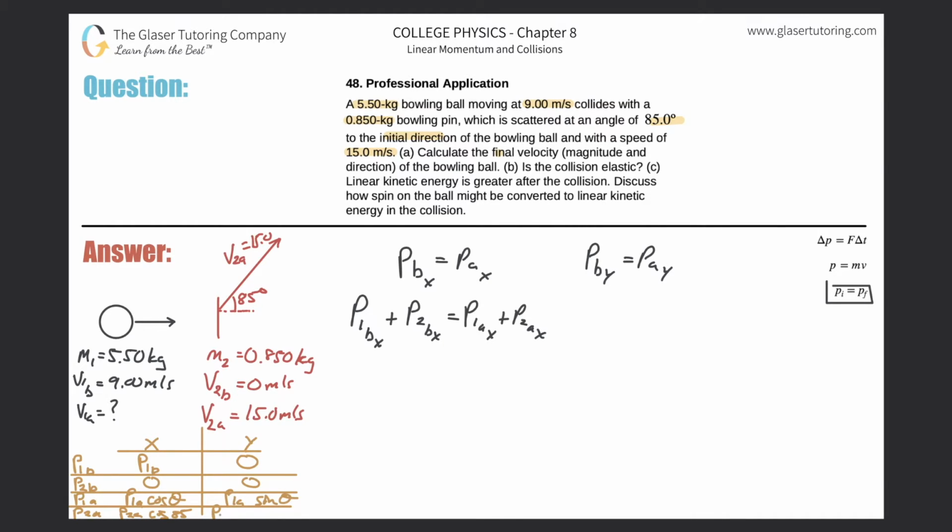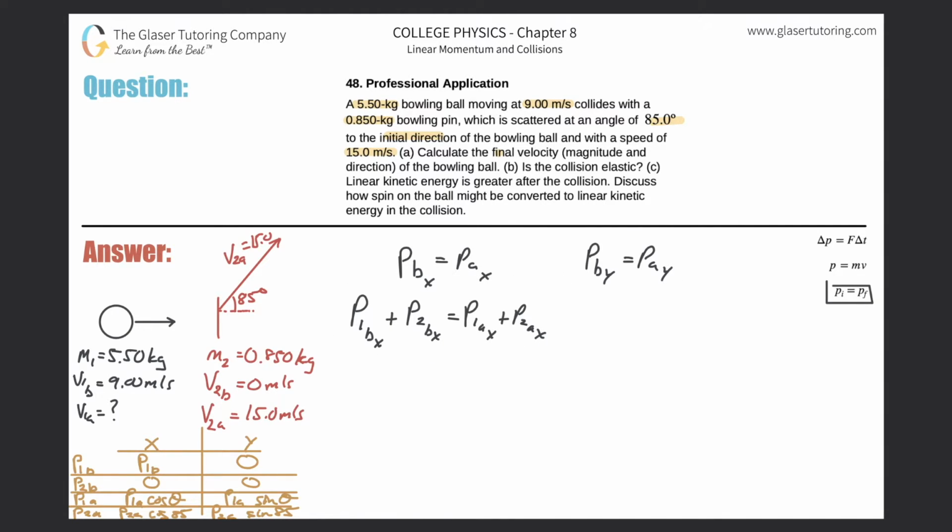And then this would be P2a sine of 85. Now we have both sets of equations: our x components over here, and our y components over here. So now I can start plugging them into my equations up here.